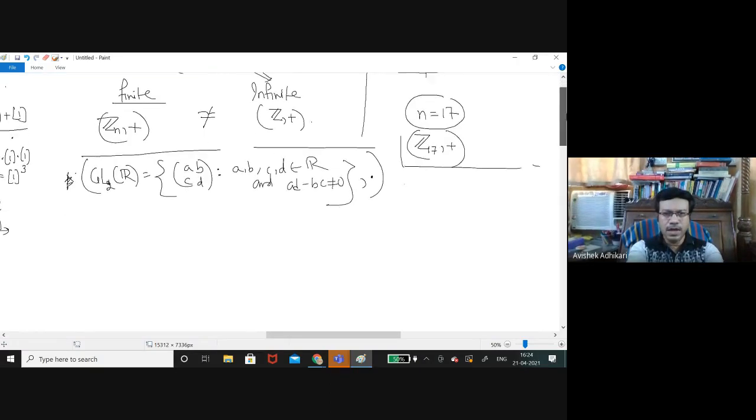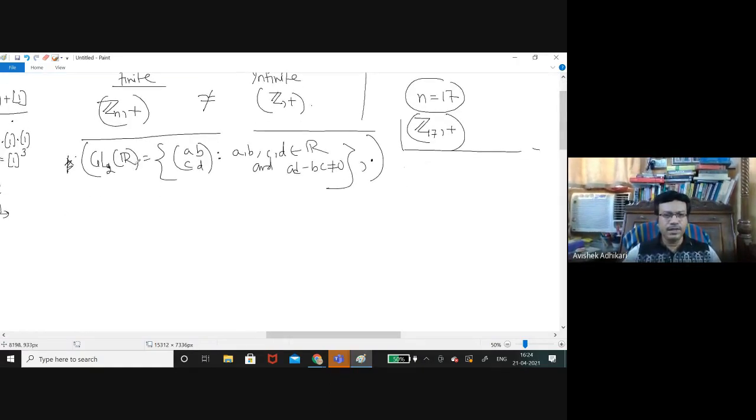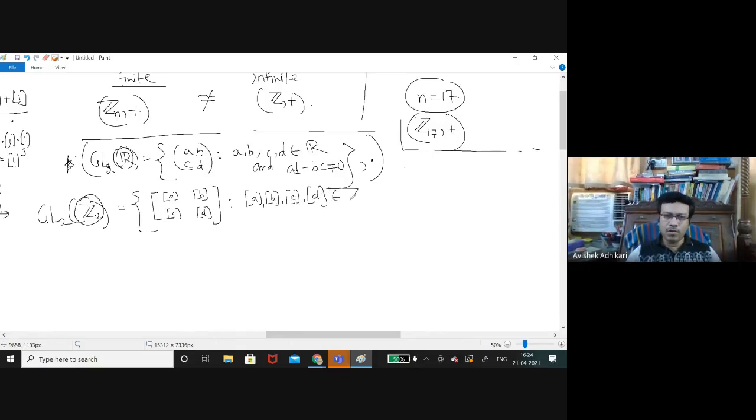Okay. Now, instead of this, if I consider GL2Z2, remember, here it was R, now I consider this as Z2. Now, how should they look? So, class a, class b, class c, class d, all of them belong to Z2.